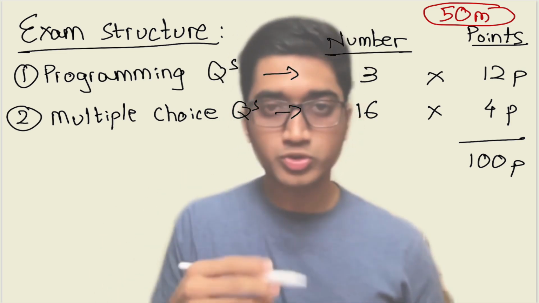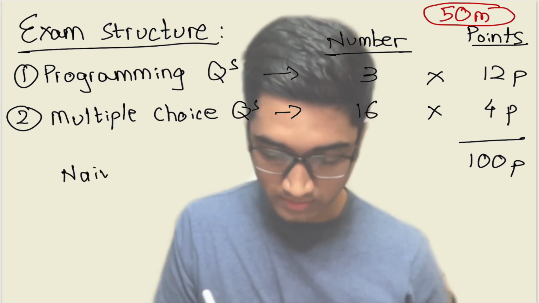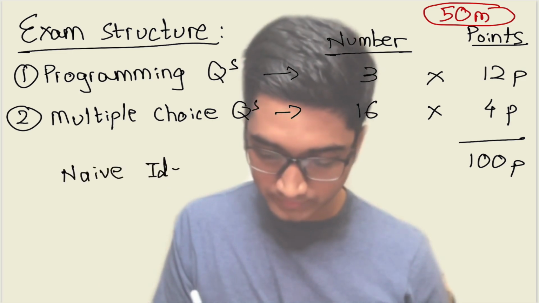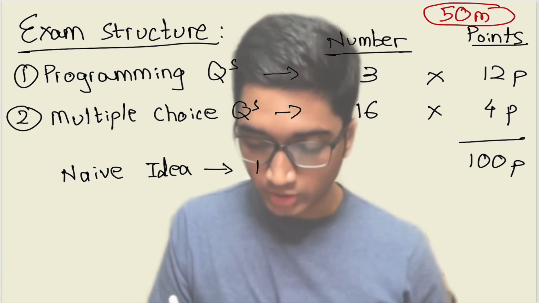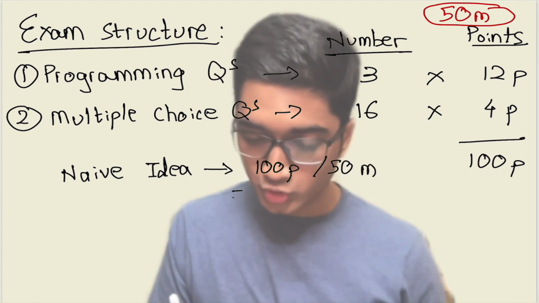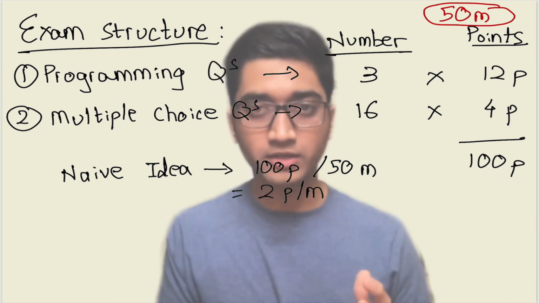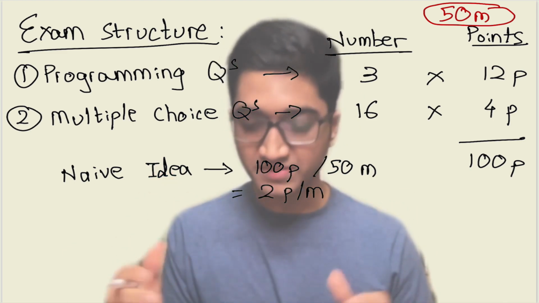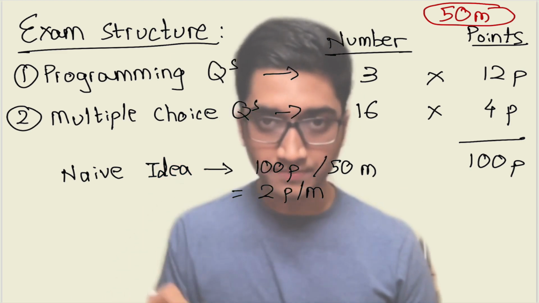So the first approach which most people would go for, which I would call the naive idea, is this. You have 100 points and you have 50 minutes. So you go for 2 points per minute. So then what you would have at the back of your mind when you're solving this particular quiz is, I will try to get 2 points for every minute I am on this quiz.